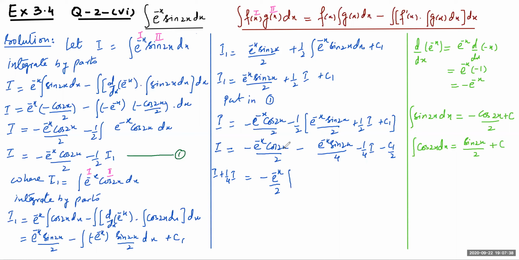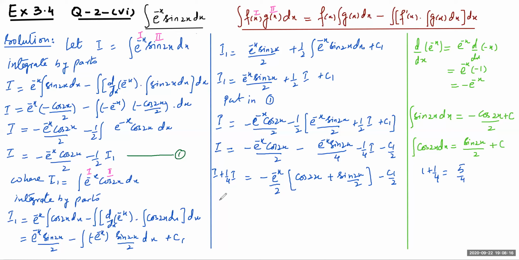And inside I will have cos 2x, and here, since the minus has gone outside, I have sine 2x by 2, and this minus 1 by 4 I has gone to this side, and I have minus c1 by 2. This is what I have. Now what do we do? We add these two. 1 plus 1 by 4 equals, take the LCM and perform this addition. You will get 5 by 4.